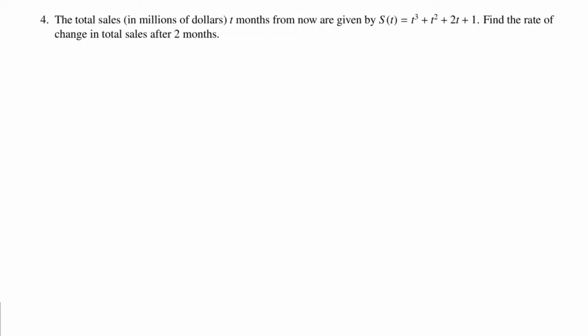Example, problem number 4. The total sales in millions of dollars t months from now are given by S of t is equal to t cubed plus t squared plus 2t plus 1. Find the rate of change in total sales after 2 months. So if we want a rate of change, we need a derivative. So it's going to be 3t squared plus 2t plus 2.